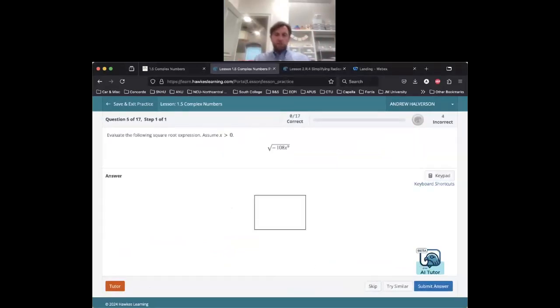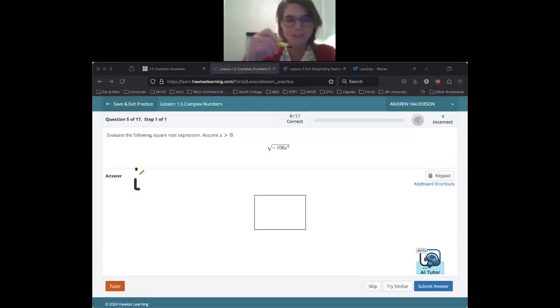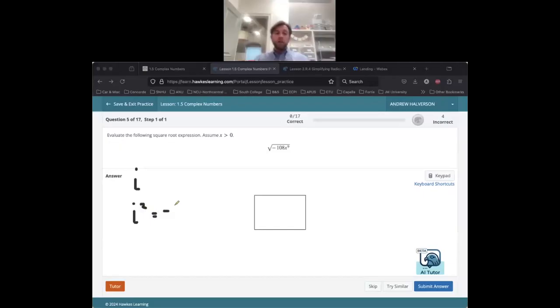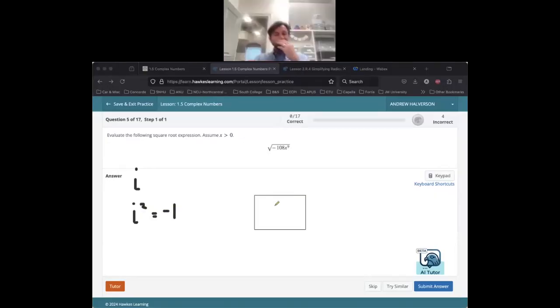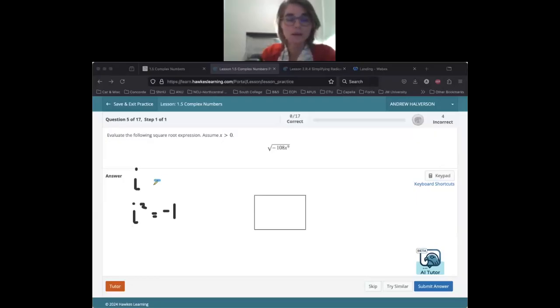Does i squared stand for something in particular? Because we used to be able to leave x squared or y squared as its own thing, but i squared means something special. I squared does mean something in particular. Some sort of negative 1. But does x squared mean anything in particular? No. I is special.